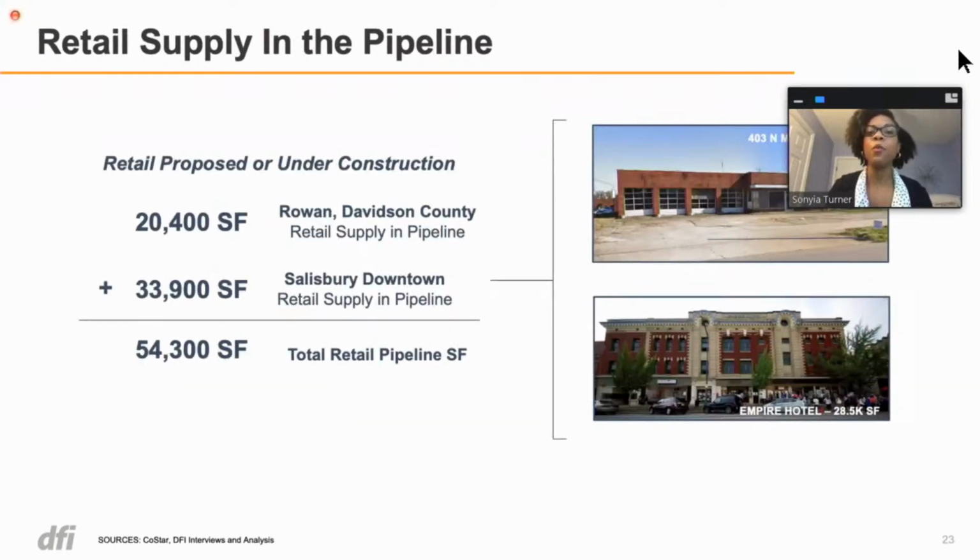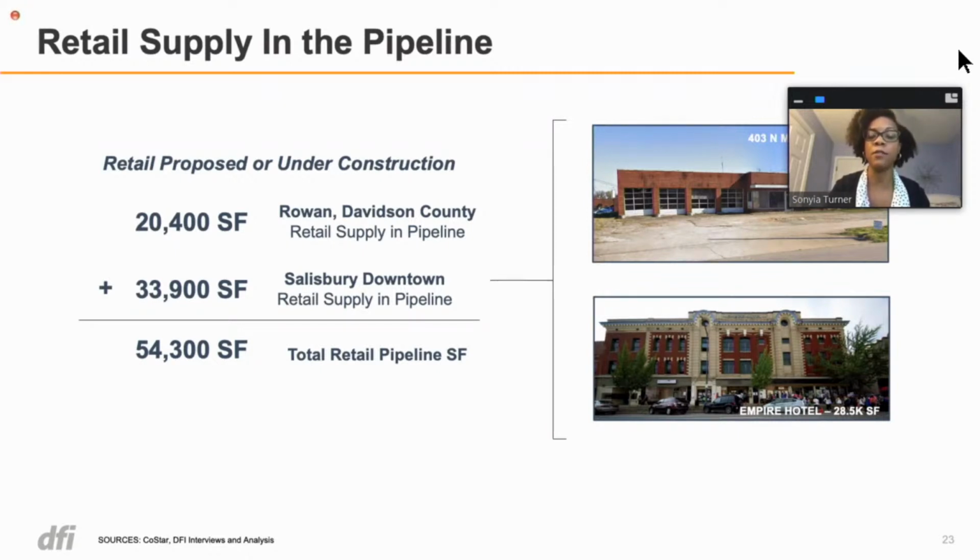When we look at what's in the pipeline, meaning what's under construction or being proposed, we see about 54,000 square feet of total retail coming down the pipeline over the next 5 years. And a big portion of that is actually the Empire Hotel, adding close to 29,000 square feet of retail space in your downtown.